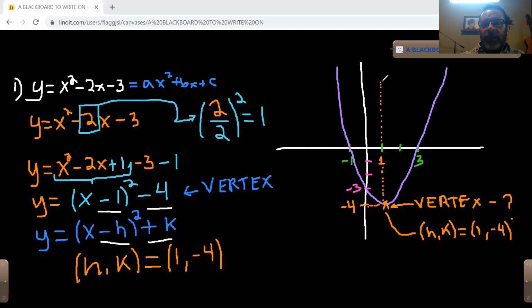We also mentioned it in the PowerPoint. This imaginary line that goes through the vertex, what is it called? It's called the axis of symmetry. And it's important because the parabola is going to be symmetrical to that line.